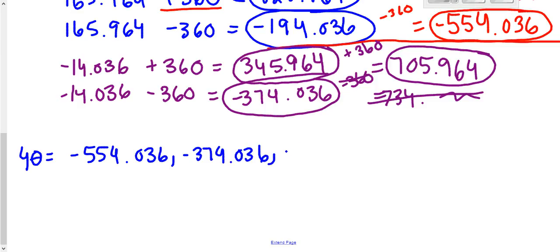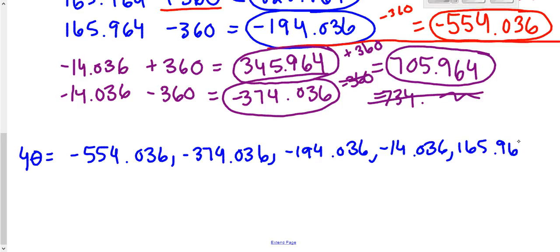And then we have negative 194.036 and negative 14.036. And we will continue our list with 165.964, 345.964, and finally 705.964. And those are all of our answers. 1, 2, 3, 4, 5, 6, 7. Oh, we have 7 answers.